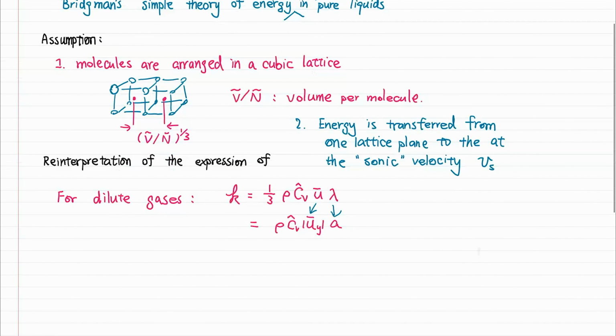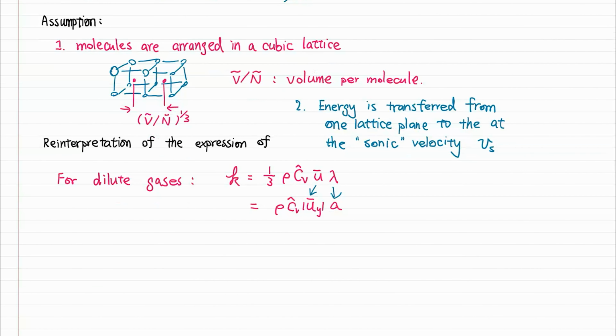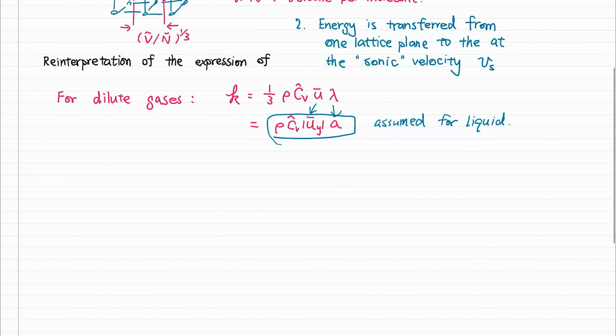So what's next is that let's look at these values one by one. So this is assumed for liquid. Now, the heat capacity for a liquid at constant volume is about the same as for a solid at high temperature.